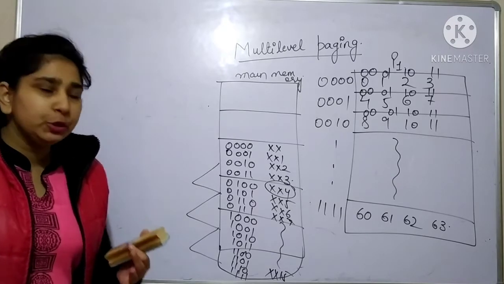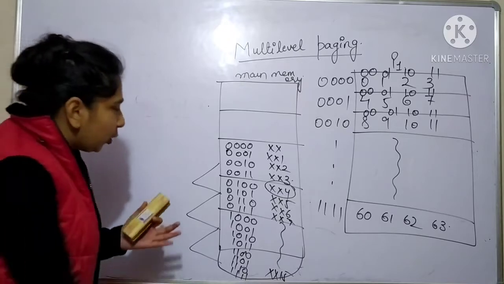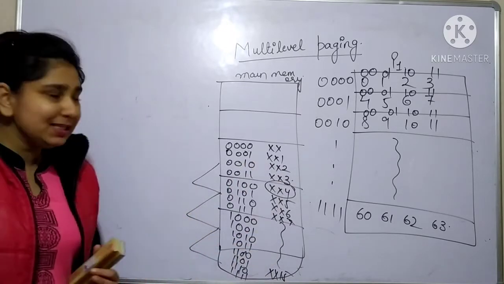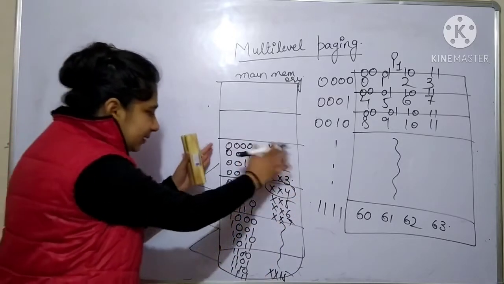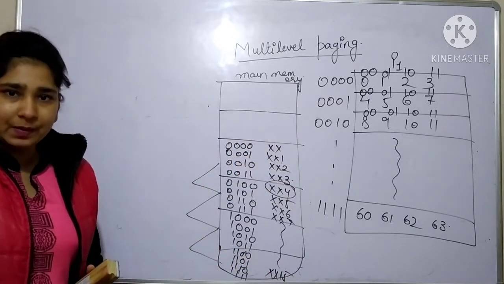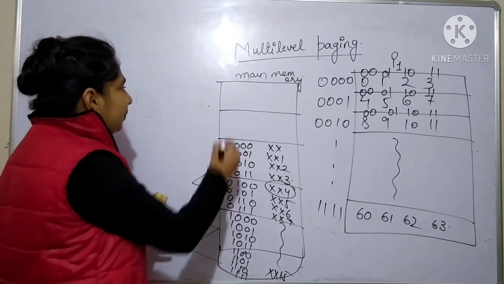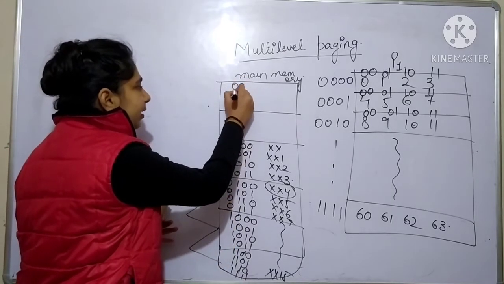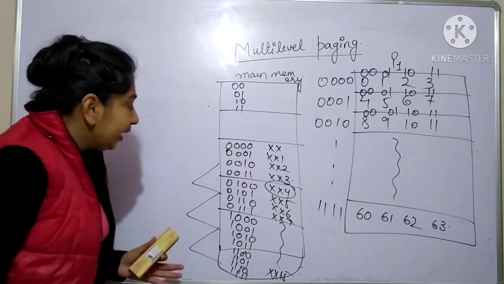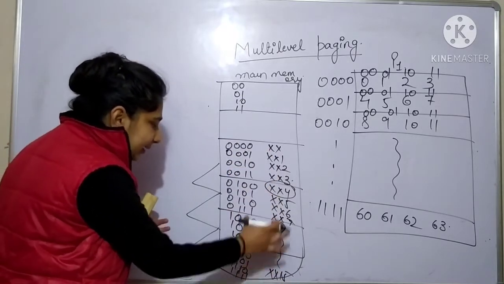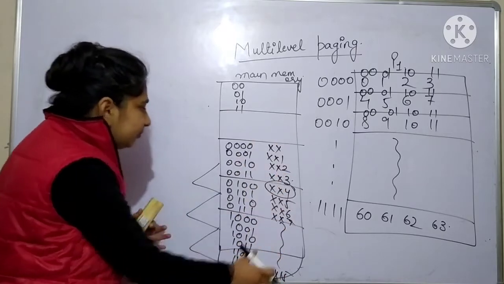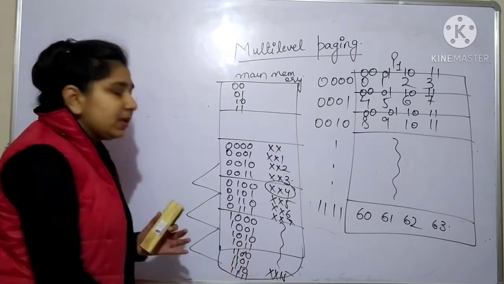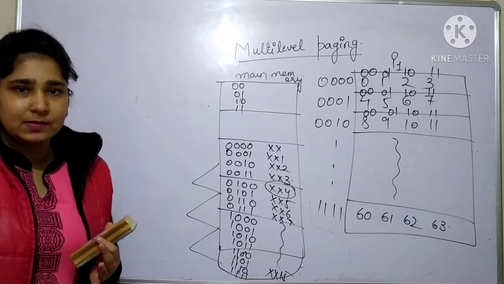To reduce the total number of memory accesses, I am going to make one more page table for this page table, to uniquely determine these 4 frames. To uniquely determine these 4 frames, we actually need 2 bits.